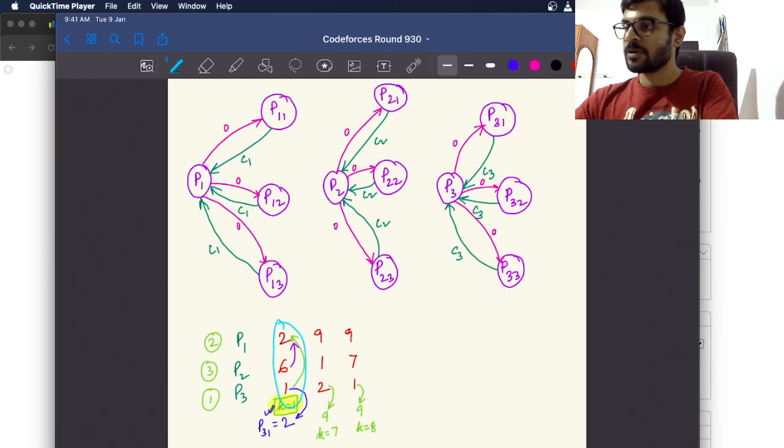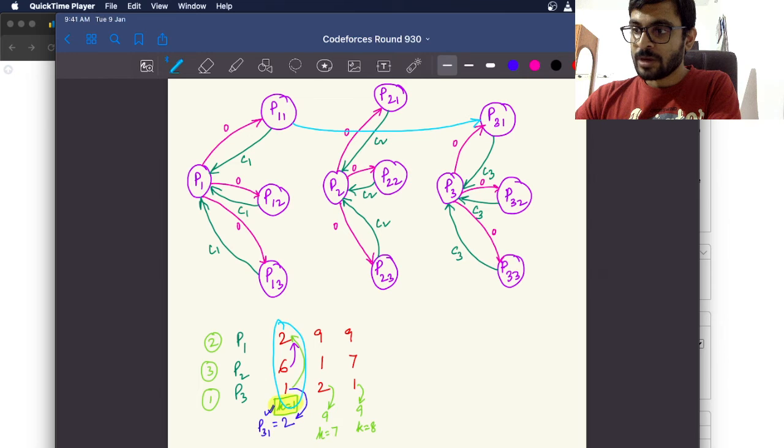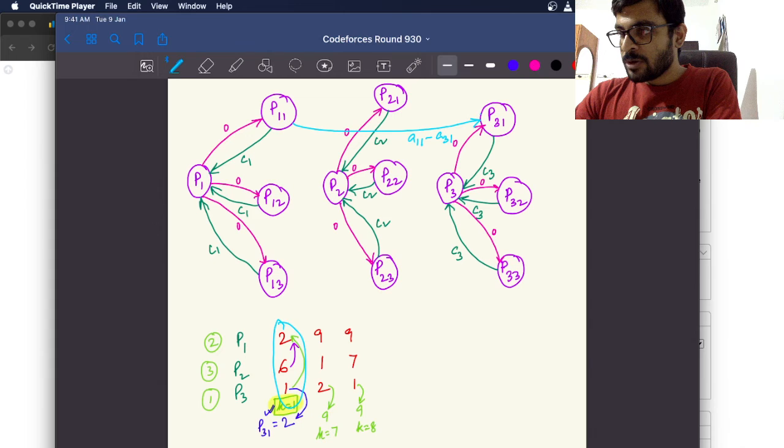Which means if I want to move from here to here, that involves a cost of A11 minus A31. If I want to come back, that is also possible. If I want to come back, basically I need a cost of 0.